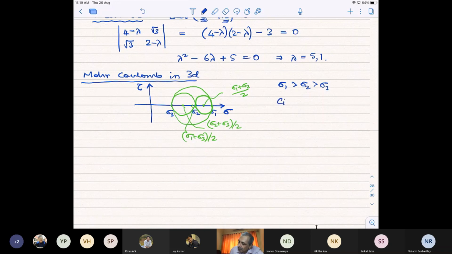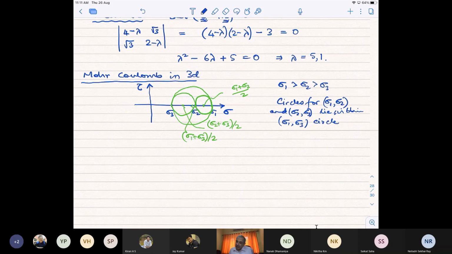So circles for sigma 1, sigma 2 as the principal stresses, and sigma 2 and sigma 3 as the principal stresses, lie within the sigma 1 and sigma 3 circle.